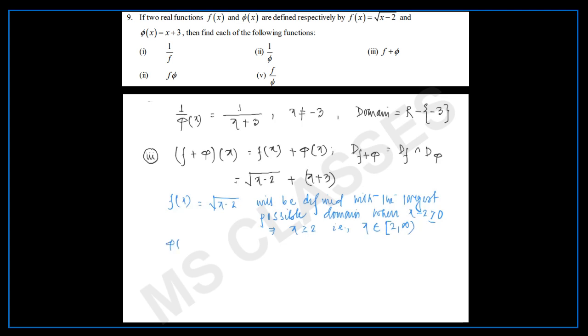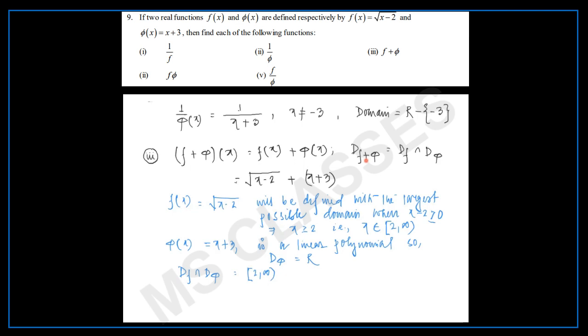Now phi(x) equal to x + 3 is a linear polynomial, so the domain of phi(x) is R. So we get here the domain of f(x) is [2, ∞), the domain of phi(x) is R. So when we take the intersection, we get here [2, ∞), which is the required domain of f + phi.